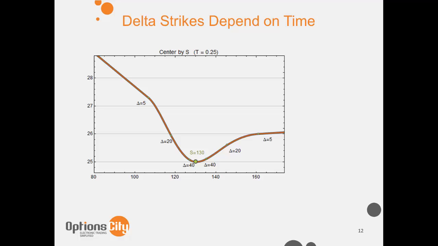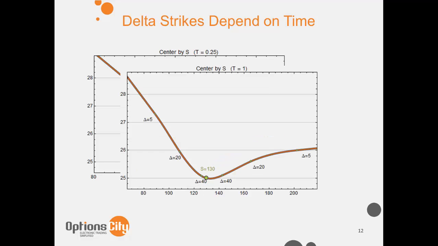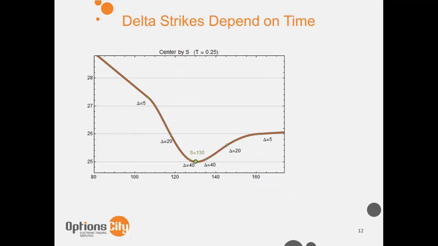And the problem that you might have in this setup is if you're using this model for longer dated contracts, let's say a 1-year contract, the delta changes relative to the underlying. At early points in time, short time to expiration, it might be reasonably far away from the underlying.